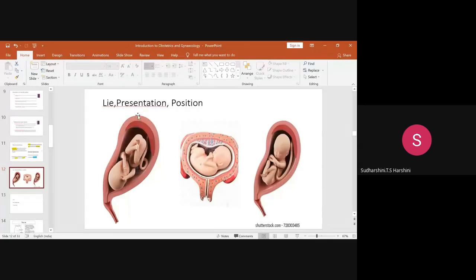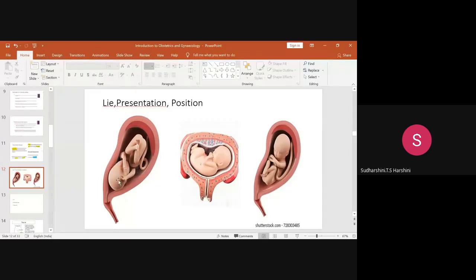What do you mean by lie? Lie means the relationship between the long axis of the fetus and the long axis of the uterus, or the maternal spine. Or you just remember it as the relationship between the long axis of the fetus and the long axis of the maternal spine.